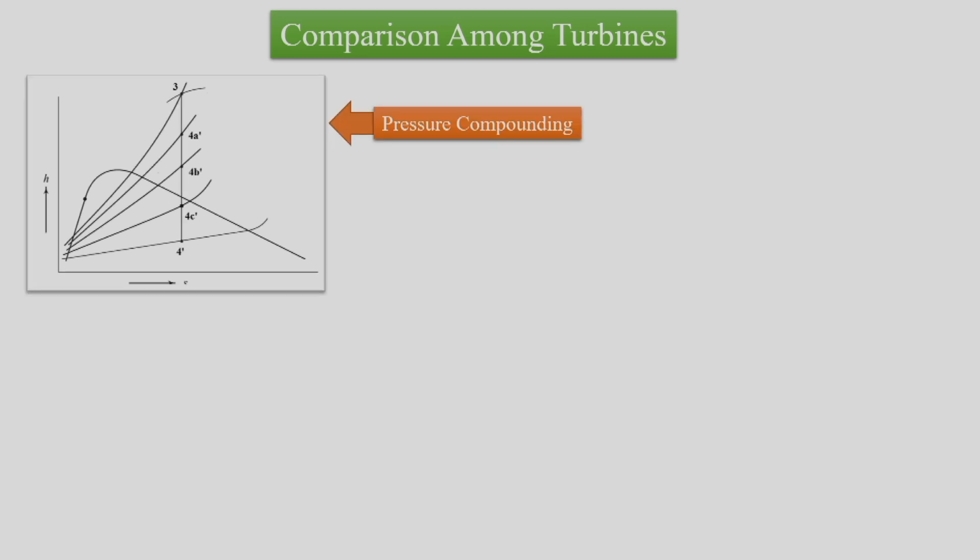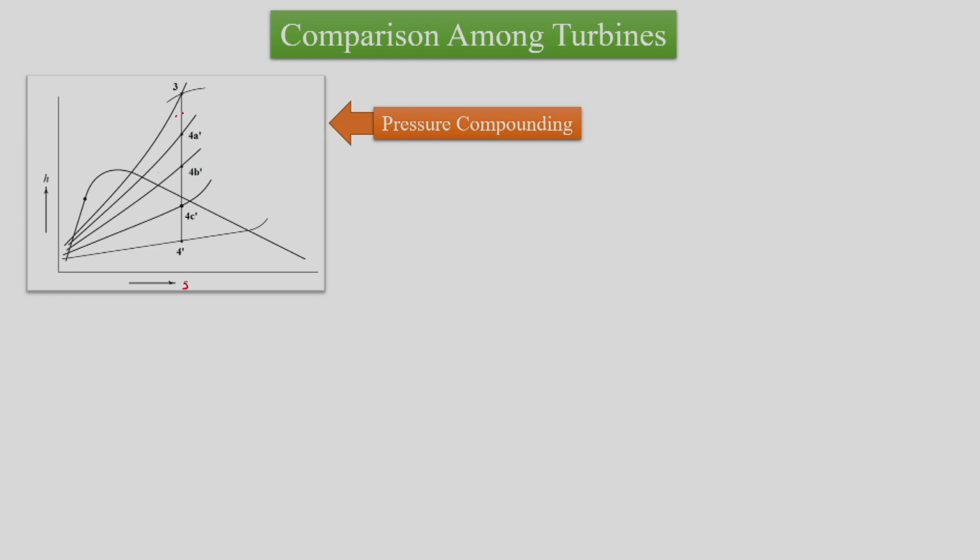Now, we will compare different turbines. So, first we said that we will have pressure compounding. In case of pressure compounding, this was the HS diagram which we should be expecting.